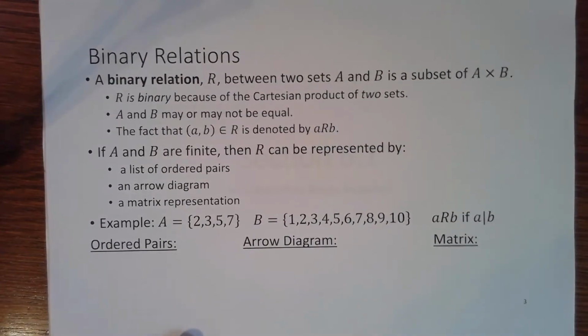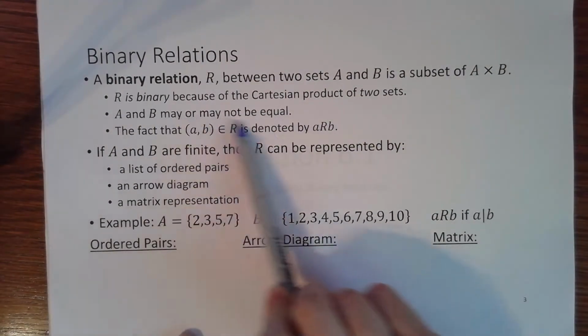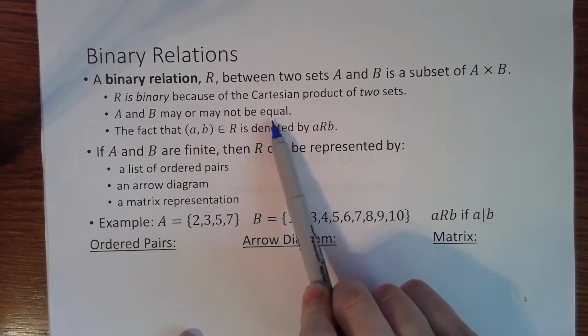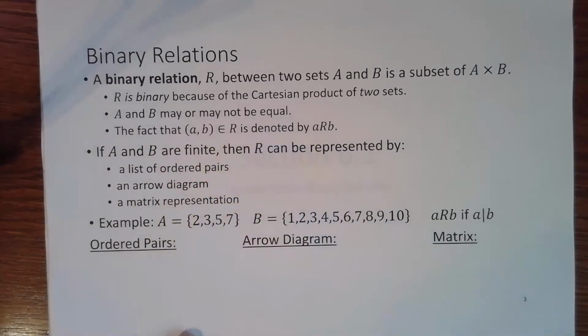A and B may or may not be equal; we'll look at examples of both.